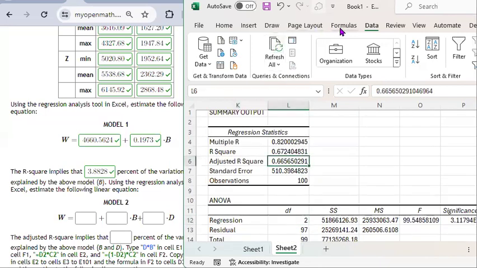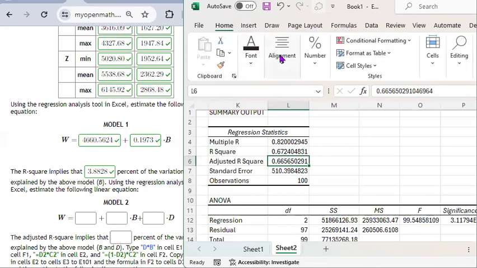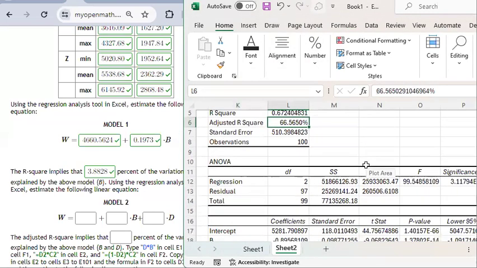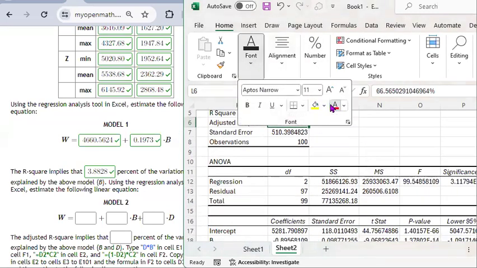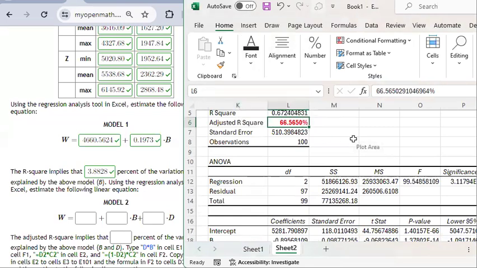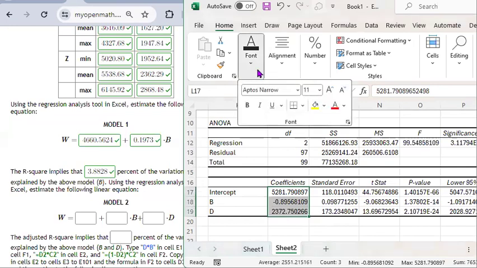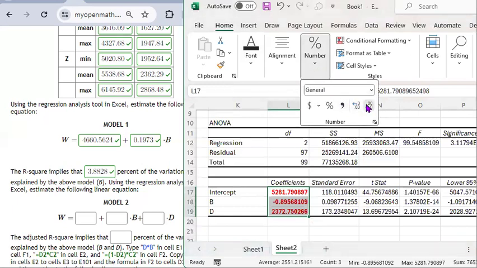So I'm going to change this to a percent and increase it to 4 decimal places. I'll make it red to stand out. This is my linear model. I'll make that red and bold, and reduce the number of decimal places to 4.